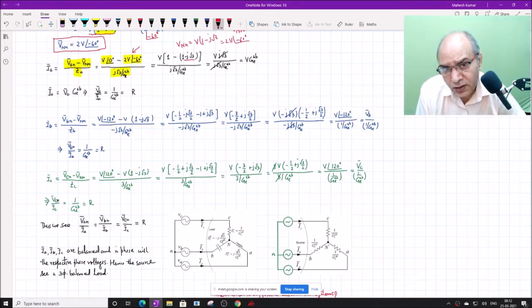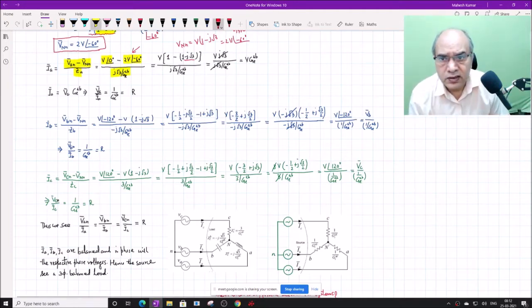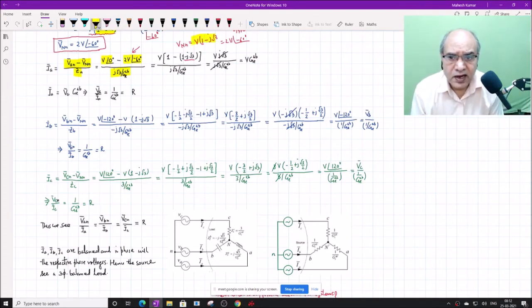Okay. If we write in this form, it is simple to verify, because 1 is already here. So 1 is gone. So it is j root 3 minus minus plus j root 3 by ZL AB, which is finally V into ZL AB. Okay, so the last expression V into ZL AB, and therefore IA equal to VA, because V is same as VA.